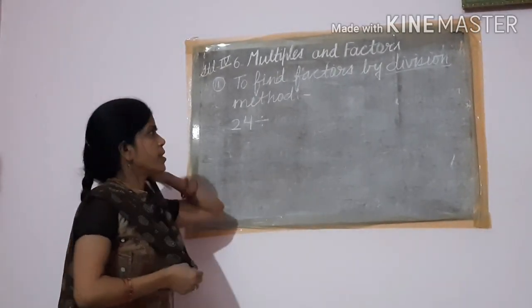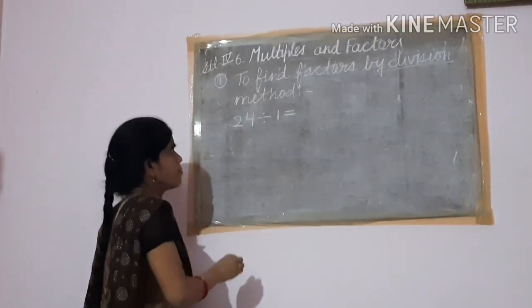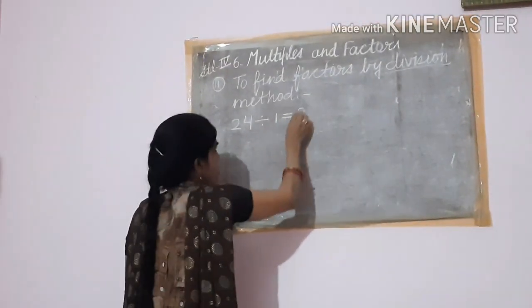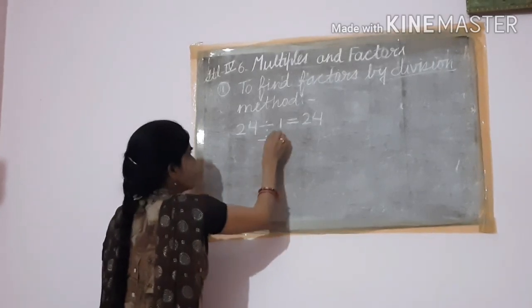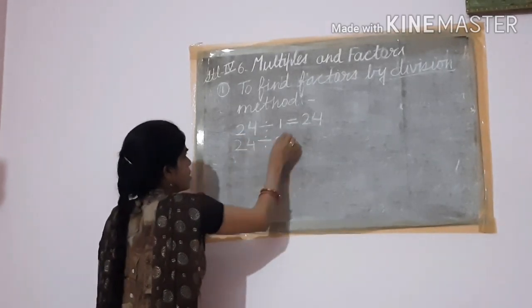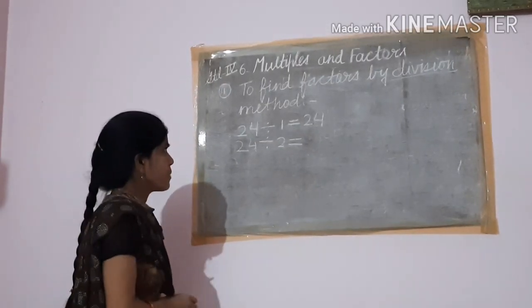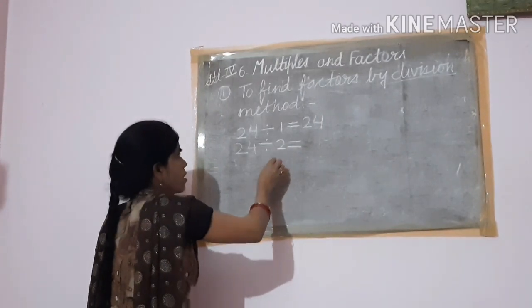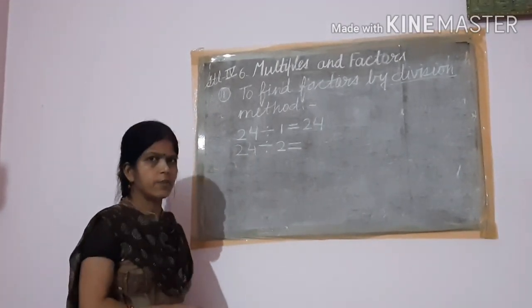Let us take the smallest number, that is 1. Divide it. What will come when you divide 24 when the divisor is 1? The quotient is 24. Now take the number 2. Divide it. One easiest method is you read the table also and try to find out, or if you don't know you can divide 24 by 2 using the long division method.